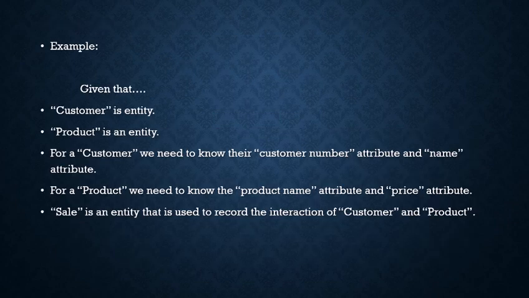Example: given that customer is an entity and product is an entity. For a customer, we need to know their customer number attribute and name attribute. For a product, we need to know the product name attribute and price attribute. Sale is an entity that is used to record the interaction of a customer and product.